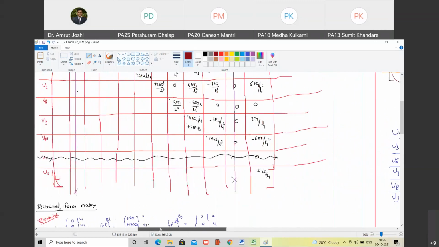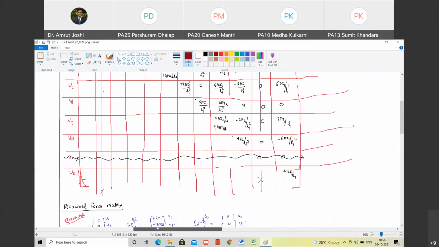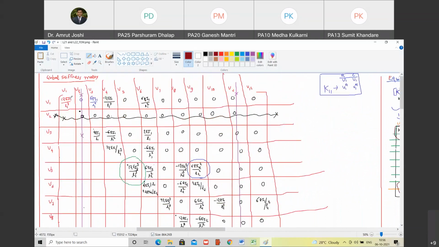So now, can you tell me what is K33? Look at the global matrix. So K33, now I am going to renumber this. देखो, 1 यहाँ पे, this is 2, this is 3, 4, 5, 6, 7, 8, 9 and 10, because we are cutting out U11 and U2.